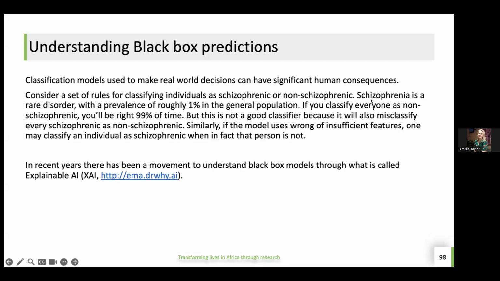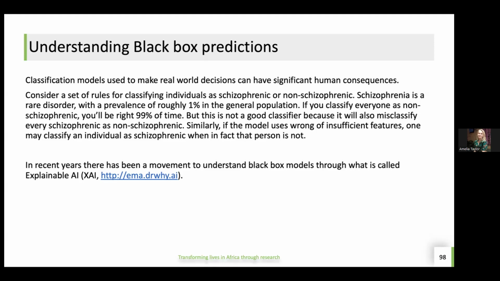I just put an example here. I think we talked about this in both of the two previous sessions we had. So when you have conditions that are quite rare, maybe the numbers on these slides are not accurate, but let's say schizophrenia is quite rare, and the prevalence is roughly 1% in the general population. So of course, 99% of the time the biggest class is the people who are normal, the non-schizophrenic. So basically a random guess can be quite good.